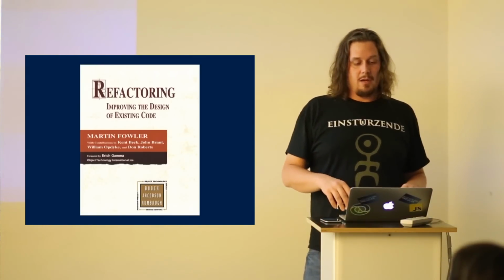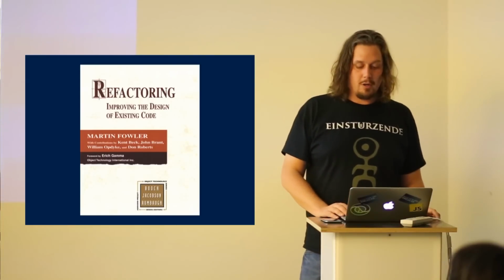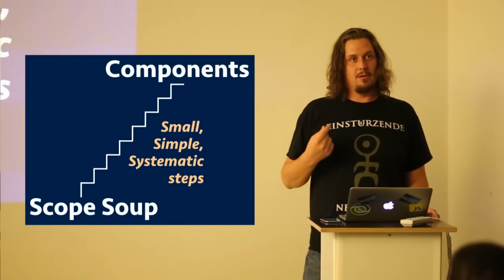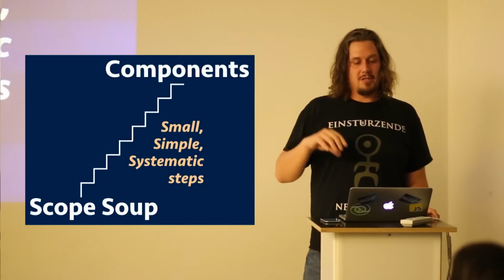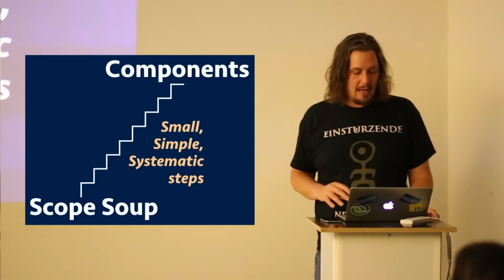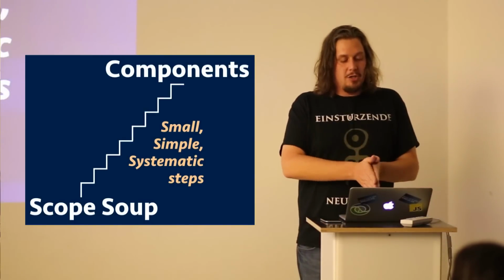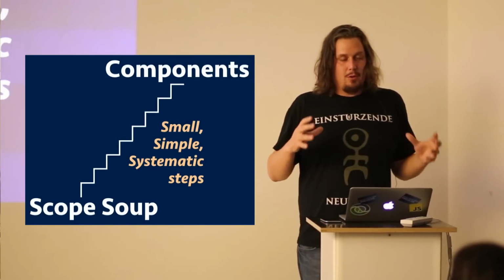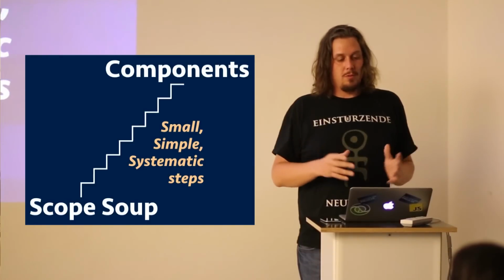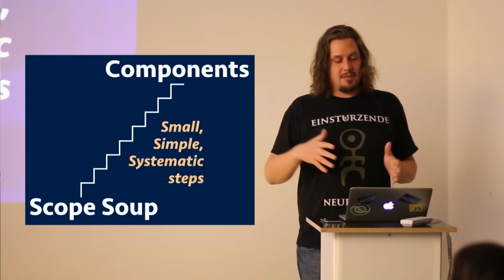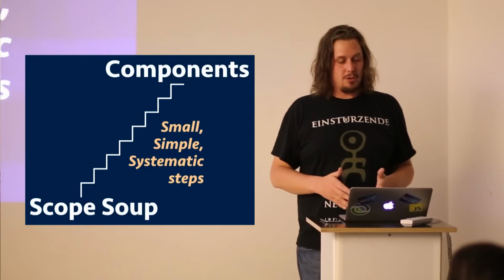But there is a stricter definition of this word, which is making small, simple, systematic changes to code over time while retaining its functionality. So we take this path from one architecture to the next. We divide it into little tiny steps that we do over an extended period of time, so that at each step we don't break the application.